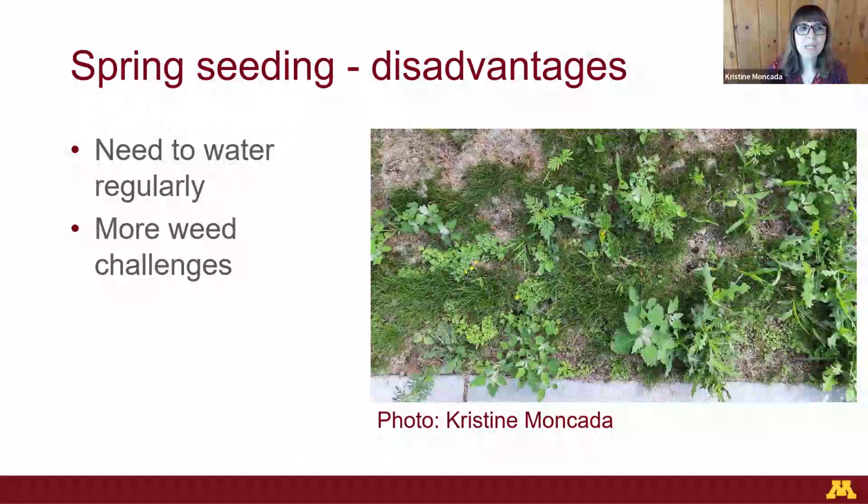But for me, the biggest challenge with spring seeding is the weeds. You're planting mid to late May, and that's when all of the weeds are germinating as well. You can see in this picture, there are all these different annual weeds that are germinating, like lamb's quarters and ragweed. And then there are perennial weeds like dandelions.